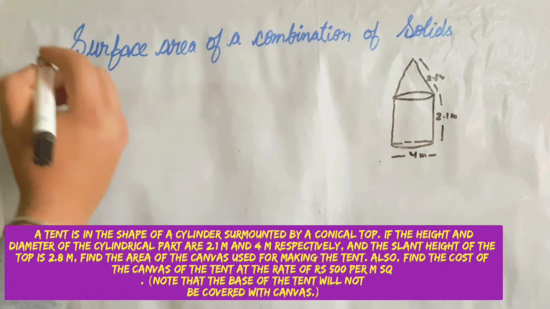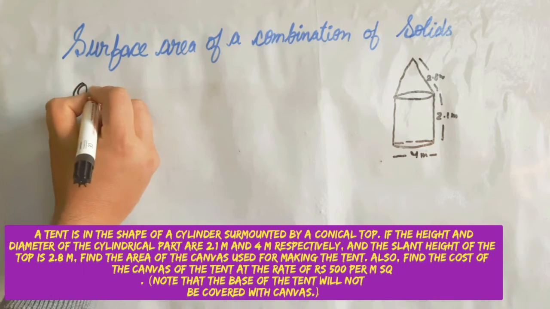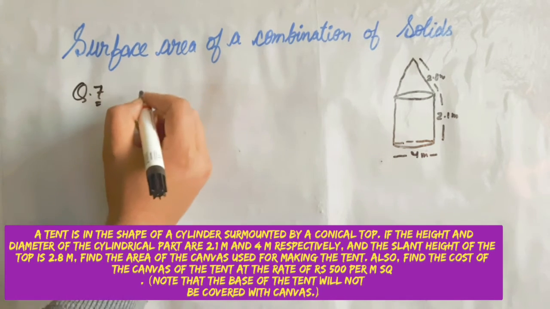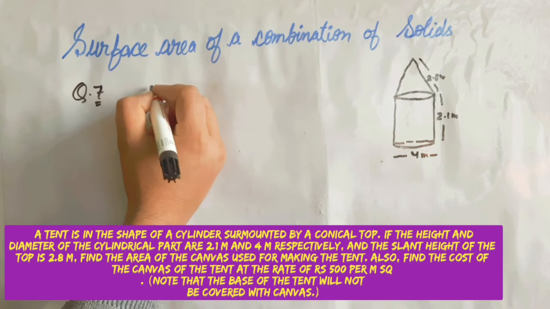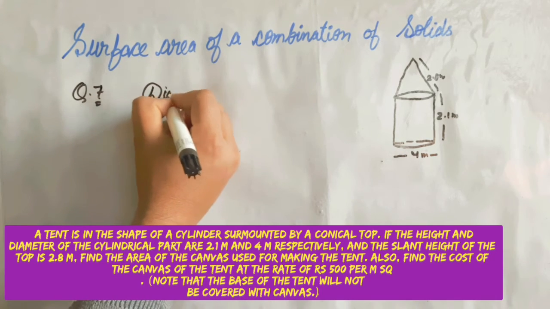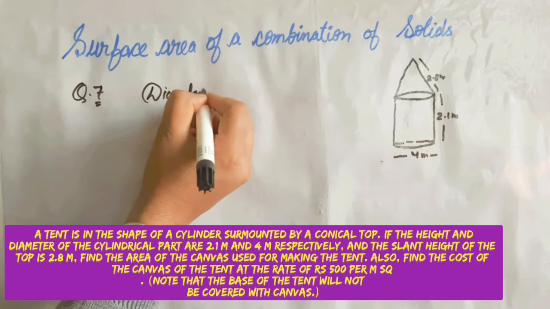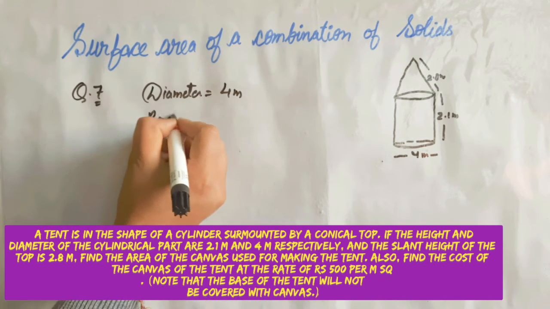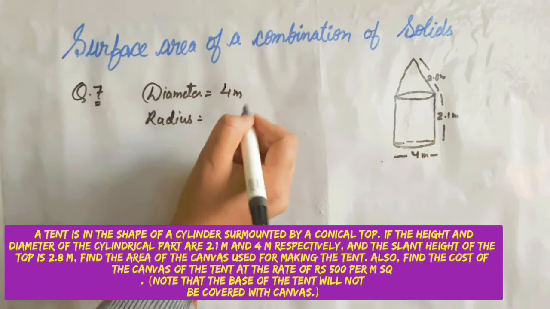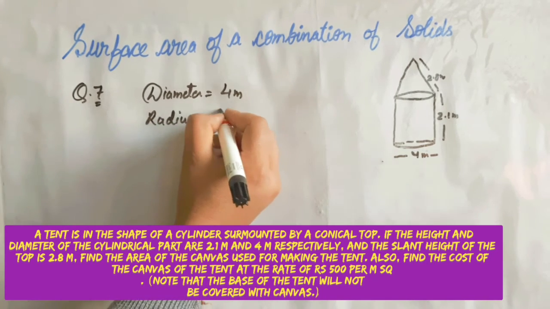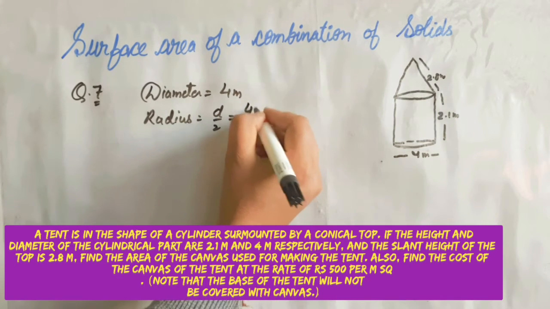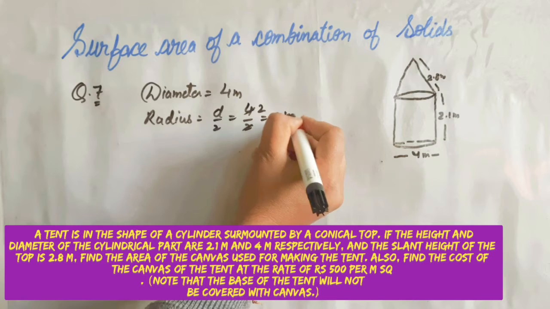So let us see the solution. This is your question number 7. What is given in this question? Let us write down the dimensions first of all. Diameter is given equals to 4 meter. So what will be radius? Radius will be equals to diameter upon 2, which is equals to 4 upon 2. 2 twos are 4, this is 2 meter.